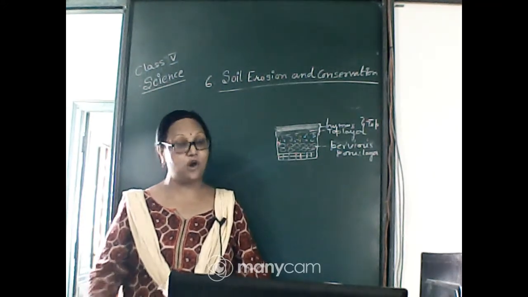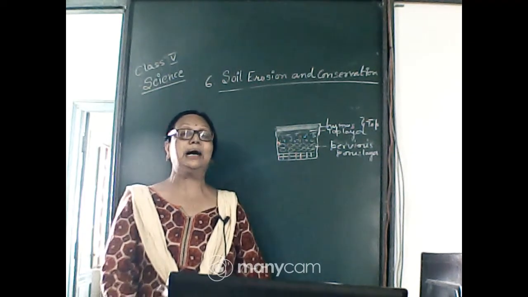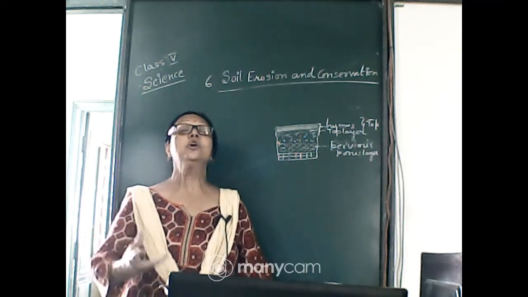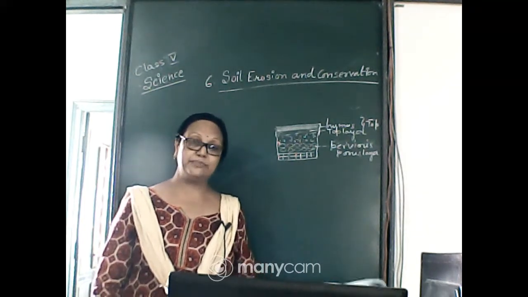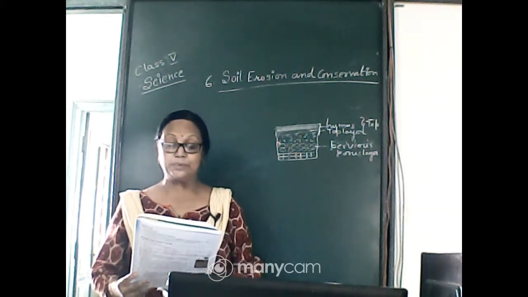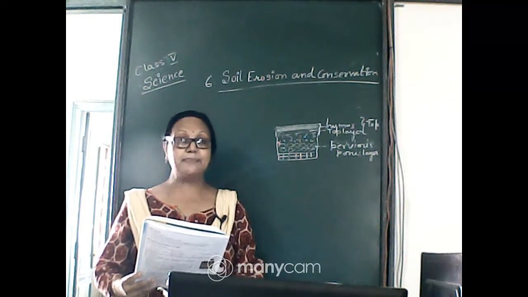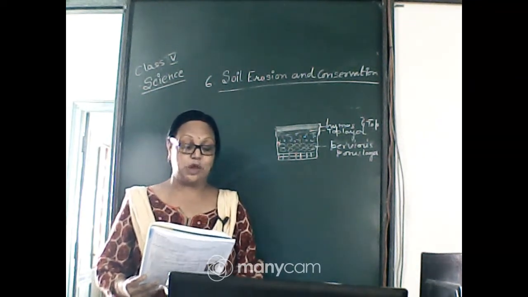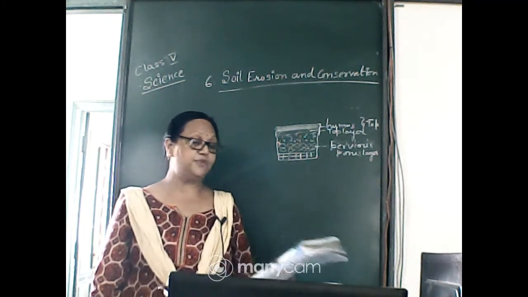The plant will fall off. So soil is very important for anchoring plants. Small animals like insects, rabbits and earthworms live in the soil. We also depend upon soil for our basic needs like food and clothes.